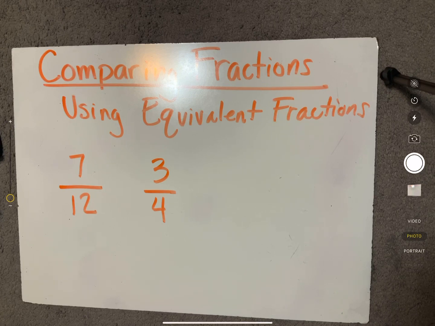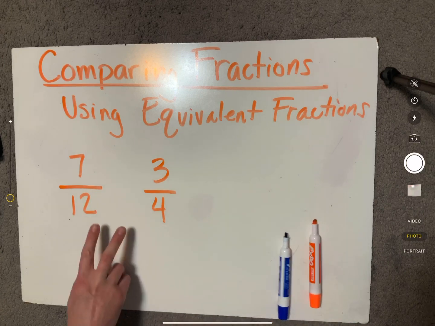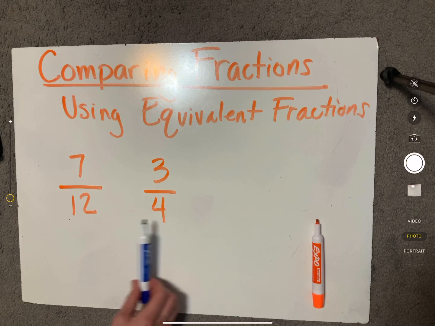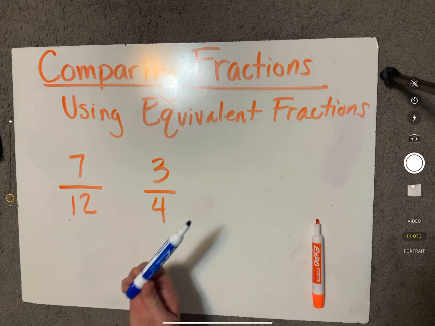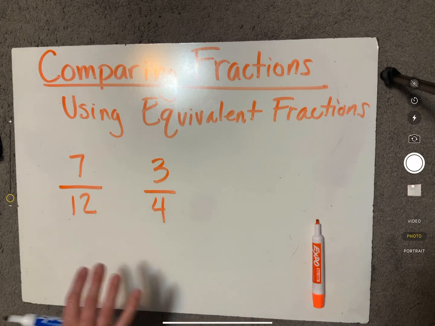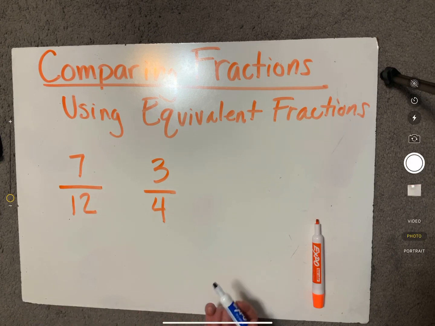Number one, do they have the same numerator? No, they don't. Number two, do they have the same denominator? No, they don't. Is one greater than or less than 1/2? No, they're both more than 1/2. So I'm kind of stuck with all three methods that we've talked about so far. So now we have to go into equivalent fractions.